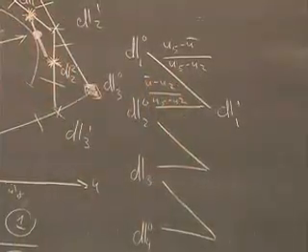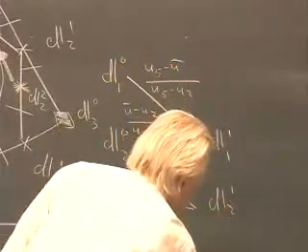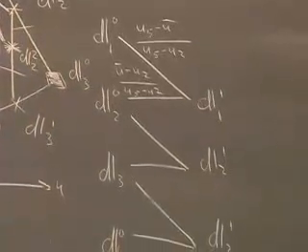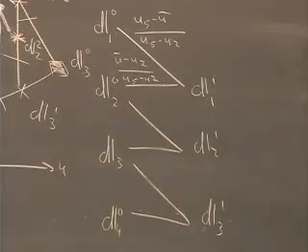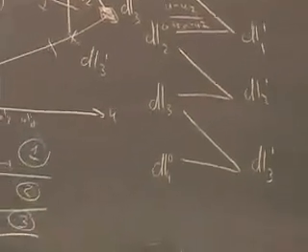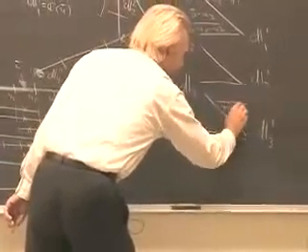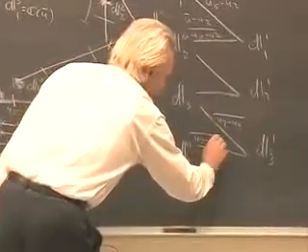This one will be d21, and this one will be d31. Why don't we also put it down for d31? For d31, we have to consider this configuration. So we have to normalize over this length, u7 minus u4, divide by u7 minus u4.